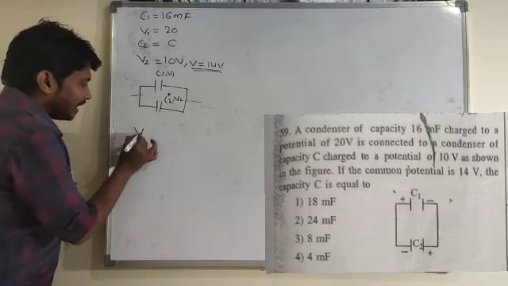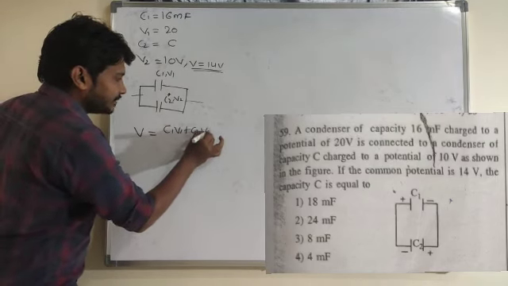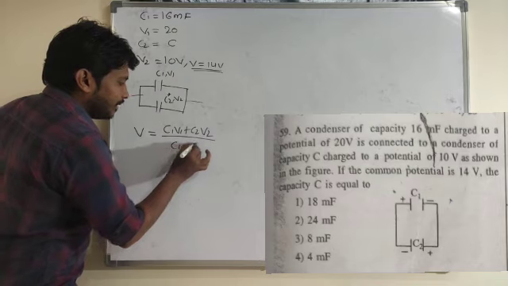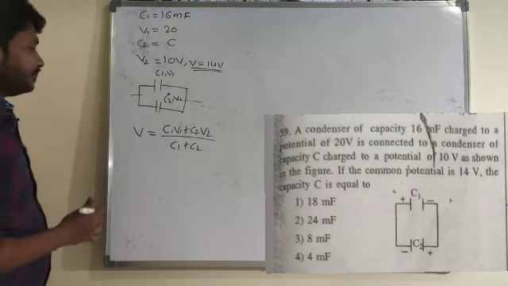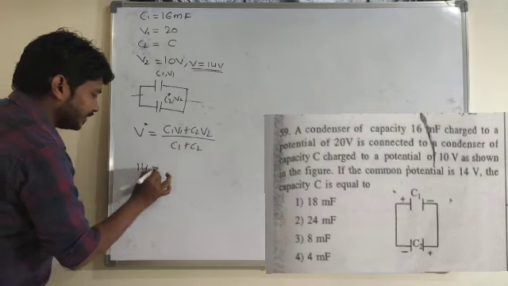I have the formula: common potential V is equal to C1 V1 plus C2 V2 divided by C1 plus C2. The common potential is 14 here.